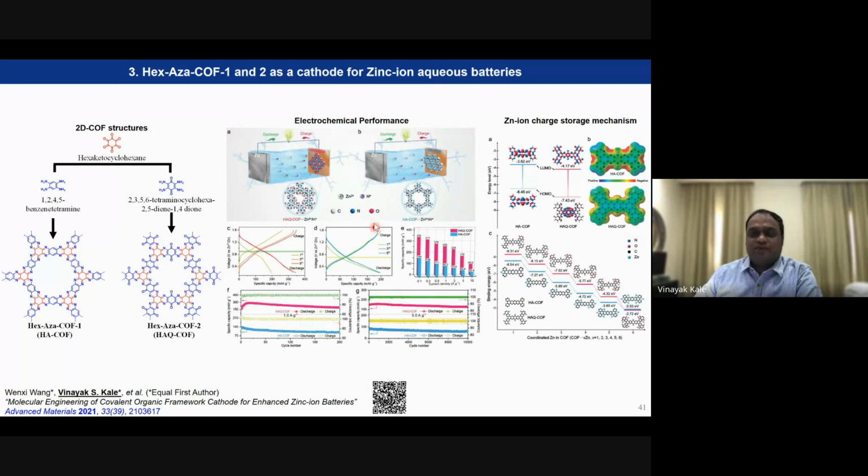We did a lot of in situ or ex situ characterization for this work also, and we simulated and proposed the mechanism step by step, how the zinc ion storage, charge storage happens, and in a systematic way the six step zinc ion intercalation happens, and the charge storage mechanism is demonstrated successfully. We reported this in 2021.